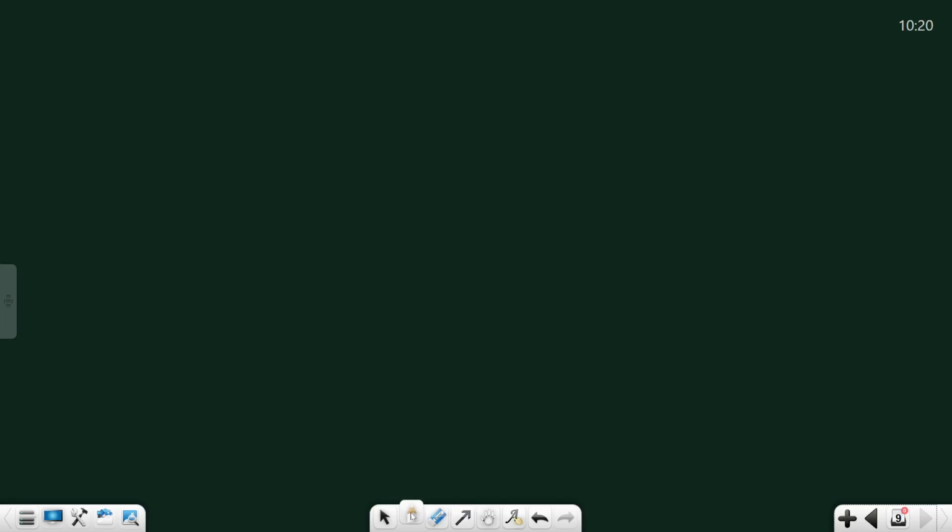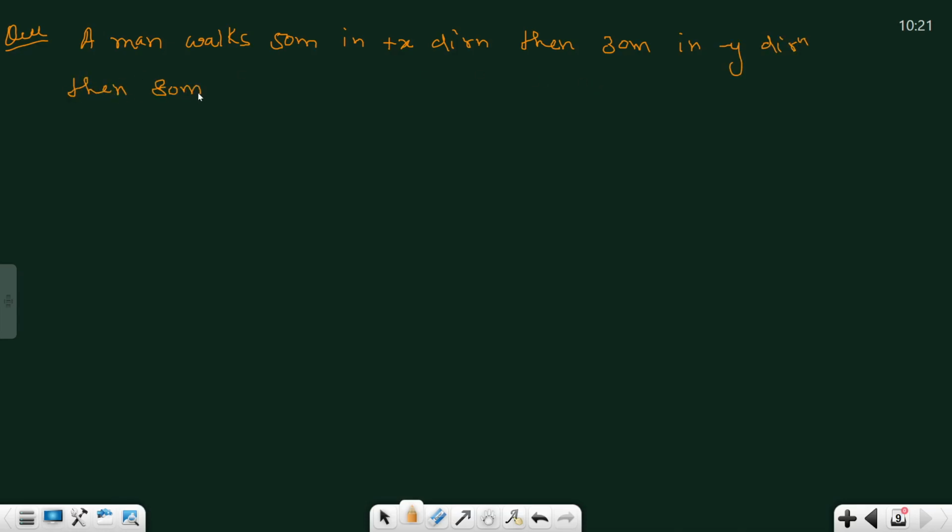For example, if I give you a question that a man walks 50 meter in plus x direction, then 30 meter in minus y direction, then 80 meter in plus z direction. So you have to tell what will be the position vector.